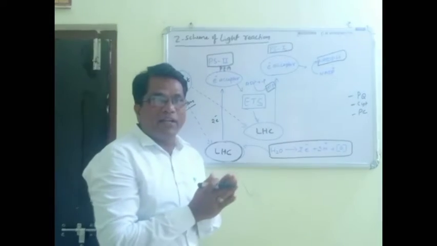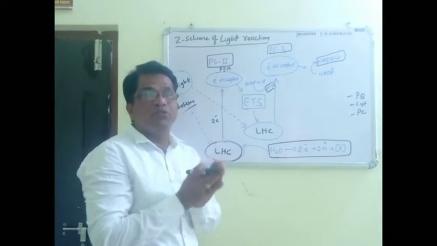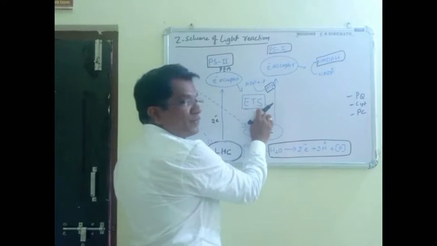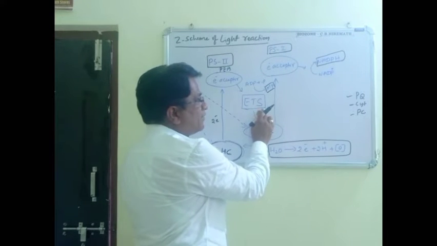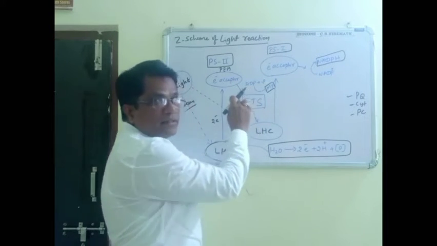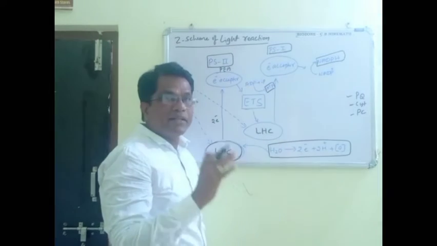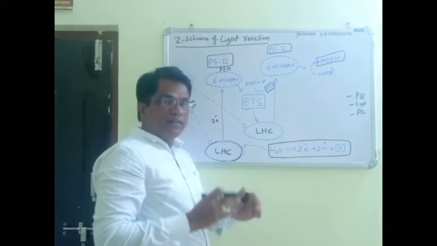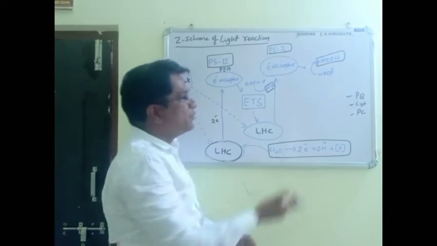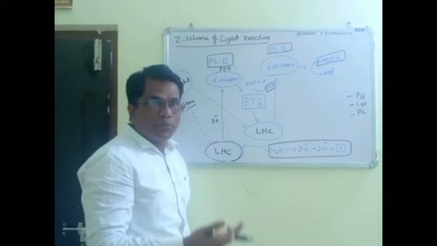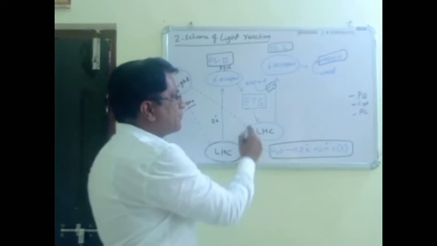These are the electron carriers which form the electron transport system. So the pair of electrons picked up by the primary electron acceptor are transferred to plastoquinone, cytochrome complex and plastocyanin.